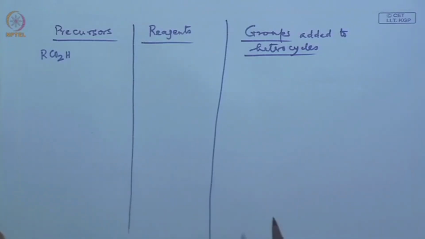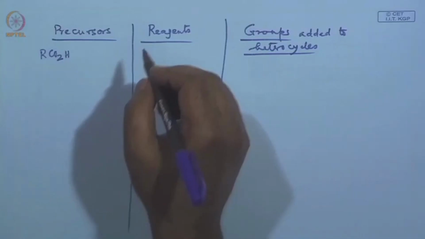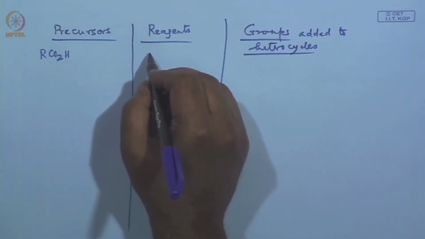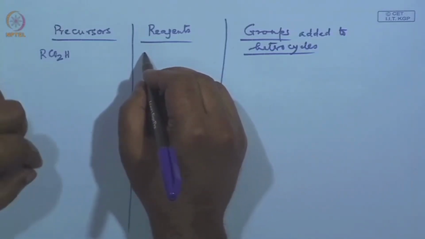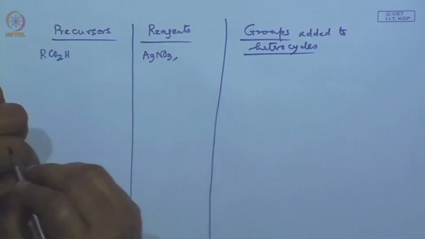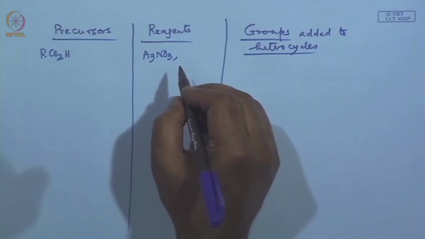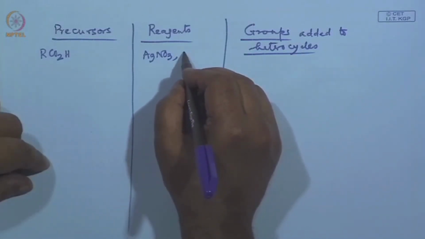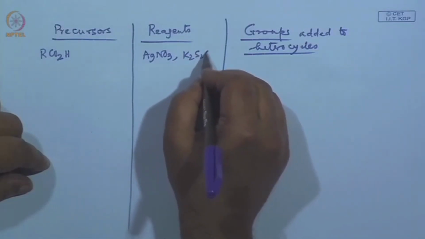And what is the condition? We have already said that. What should be the condition now? By now all of us know what the condition is. For the carboxylic acid, the first thing you have to come to is persulfate: potassium persulfate, sodium persulfate, or ammonium persulfate, let us say potassium persulfate.